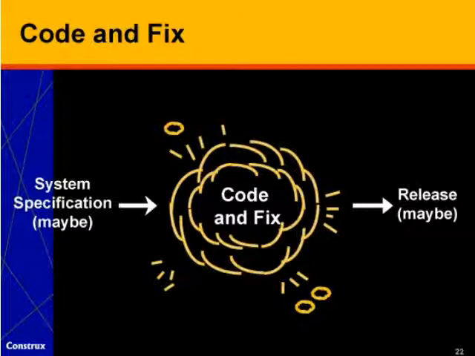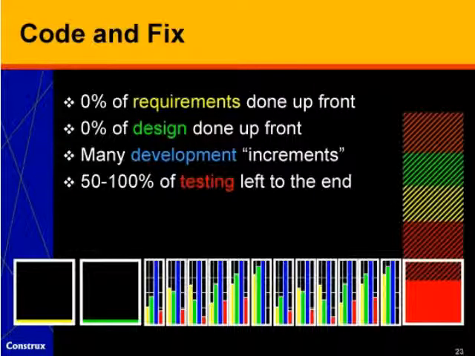If we look at the code and fix development approach, we start with basically no requirements. We try to code our way toward a solution, and hopefully eventually we get working software that is releasable quality. The way code and fix tends to work, according to our model, is we don't do any of the requirements or design up front.